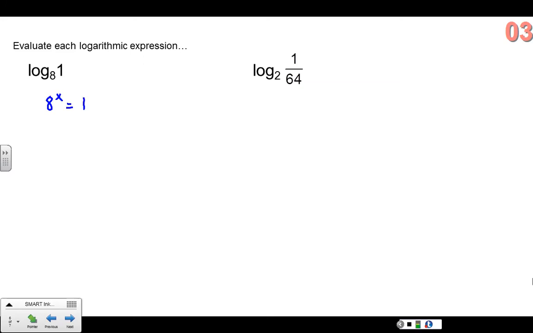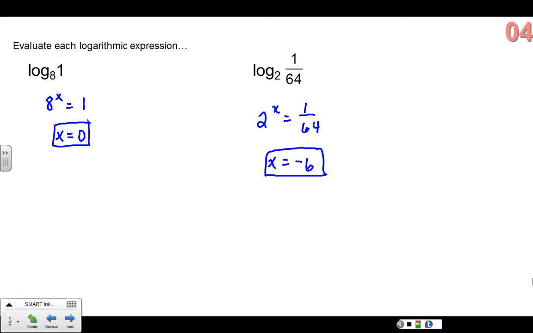Well, any number to the 0 power is 1, so x would equal 0. 2 to some power is equal to 1/64. Well, since it's 1/64, we know that it's going to be a negative number. So what power of 2 would give me 64? It's actually the 6th, so the power we're looking for is the negative 6th.